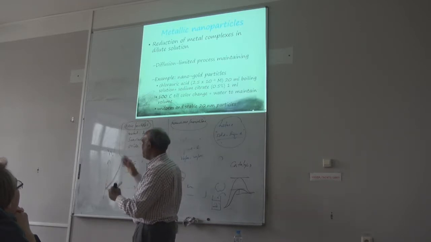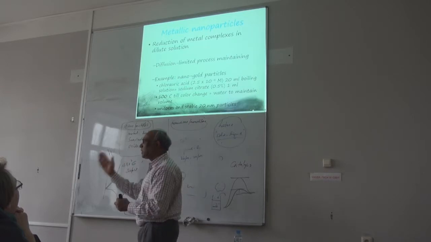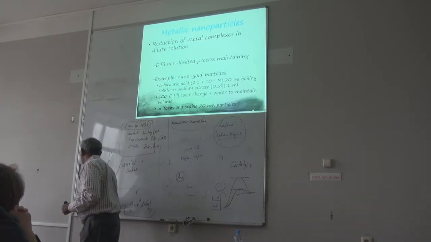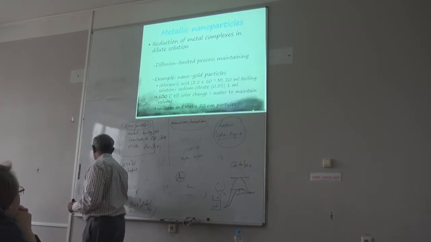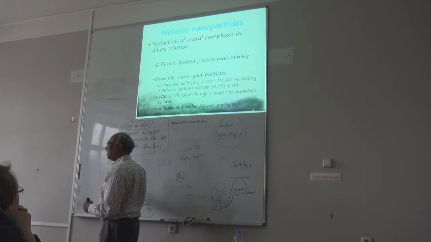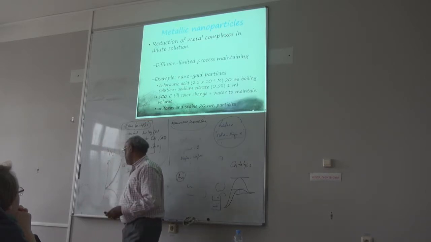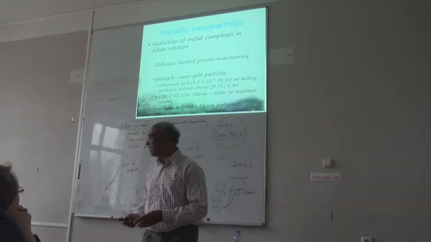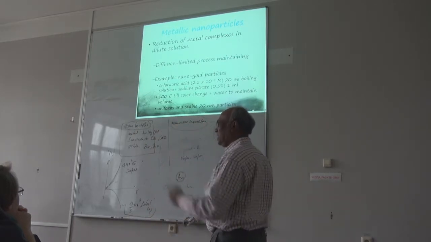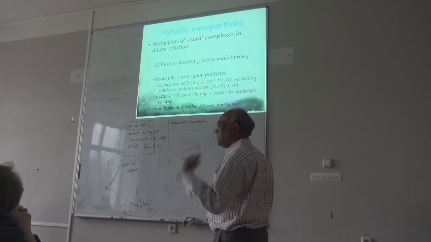You can make different colors for different sizes. Gold nanoparticles, if you go from about 2 nanometers to 50 nanometers, change from red to violet. People have done this for a long time because it's such a simple technique. We just take the precursor and heat it.